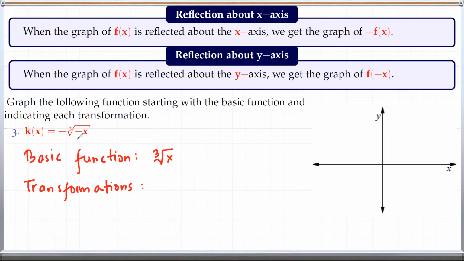The first transformation I see is because of that negative x, which will reflect about, when you have negative right next to x, we reflect about y-axis. The next transformation is because of that negative in the front, which will reflect about x-axis.